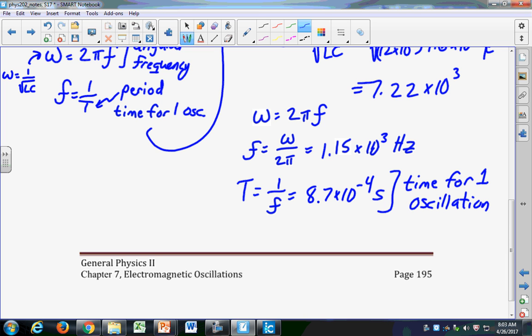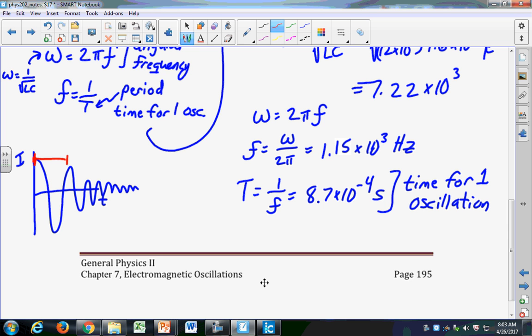So if I'm looking at my graph of, say, current versus time, it looks like this. The time for one oscillation, say from here out to here, is going to be that period. It looks like it gets smaller with time, but it actually should be constant. Those oscillations will go on at the same rate as they decay.